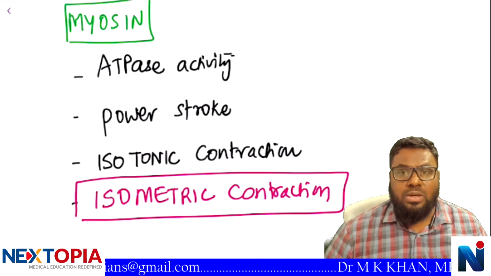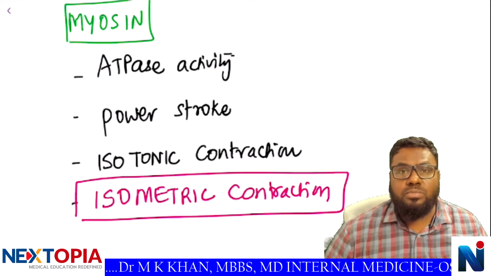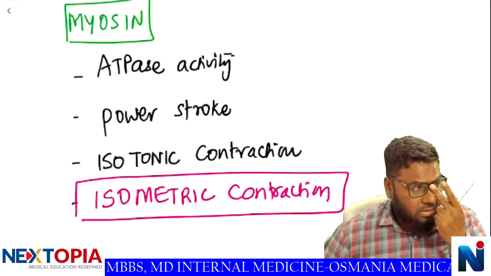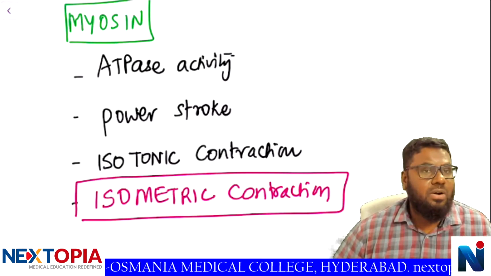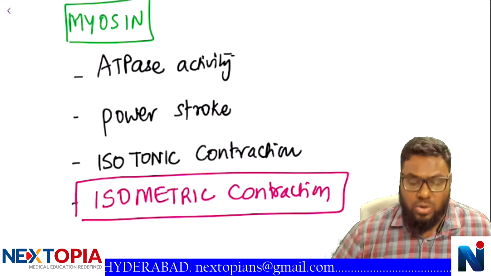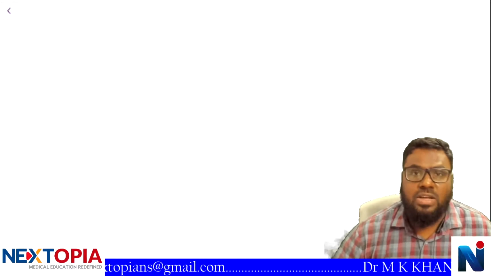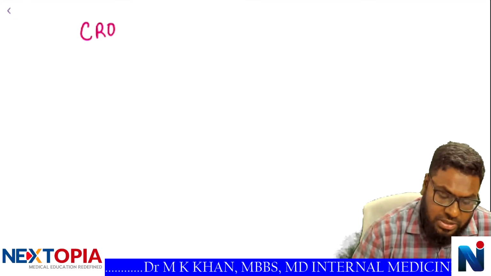All right, let us try to understand what are the chemical and mechanical changes that occur in excitation contraction coupling. Let us try to understand what happens at the cross bridge. The cross bridge mechanics, let us try to understand.